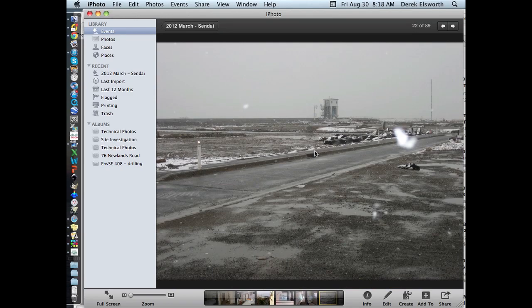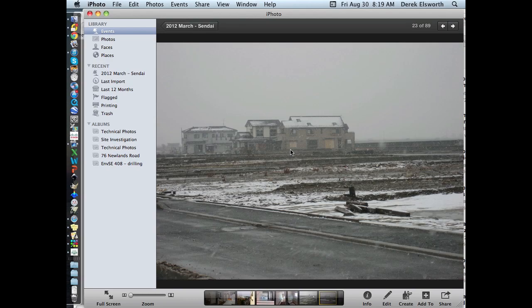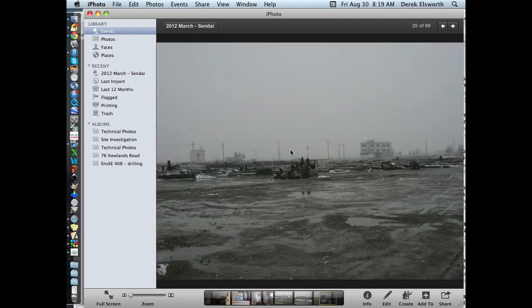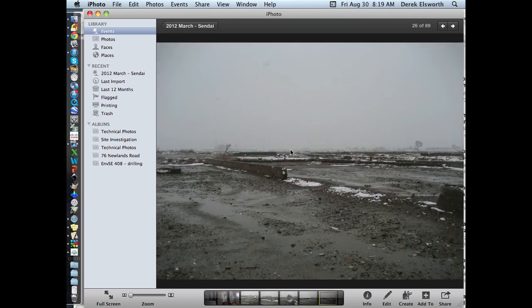So, very orderly. And of course, this is what the coast looked like, what would have been a village beforehand. This is in March, I think March the 10th, 2012. You can see that there's some structures left, but where everything would have existed before, there's just absolutely nothing. A Shinto temple, but everything else has just been pushed off its foundations.